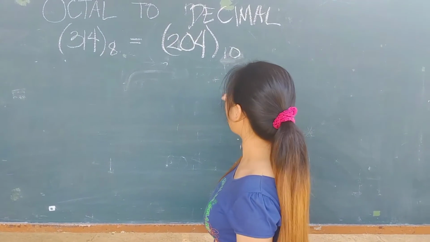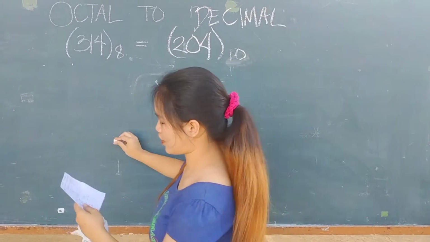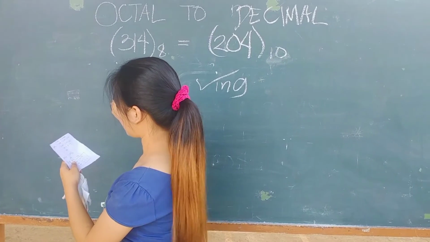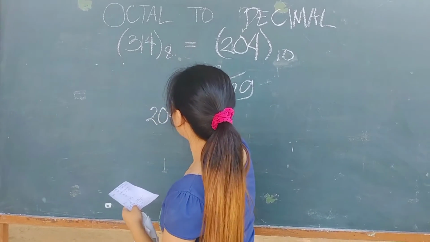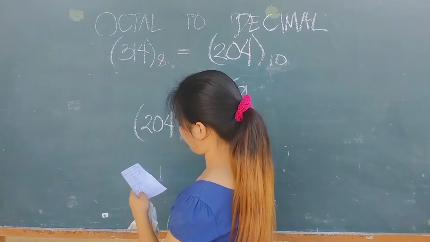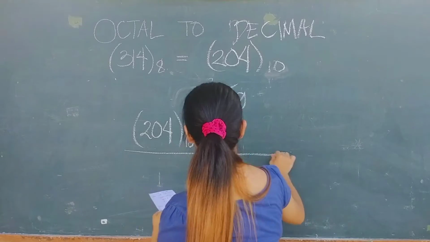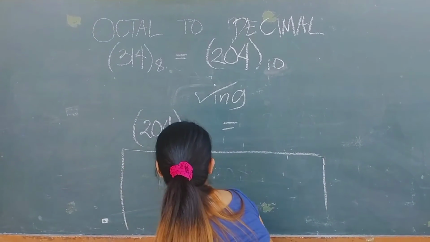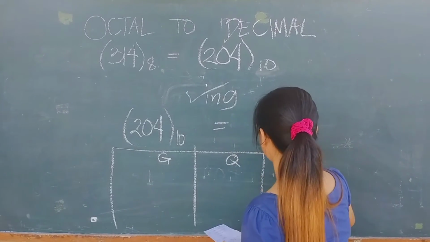Let's check it to see if the answer is correct or wrong. For checking itself, we convert decimal to octal using the quotient and remainder.